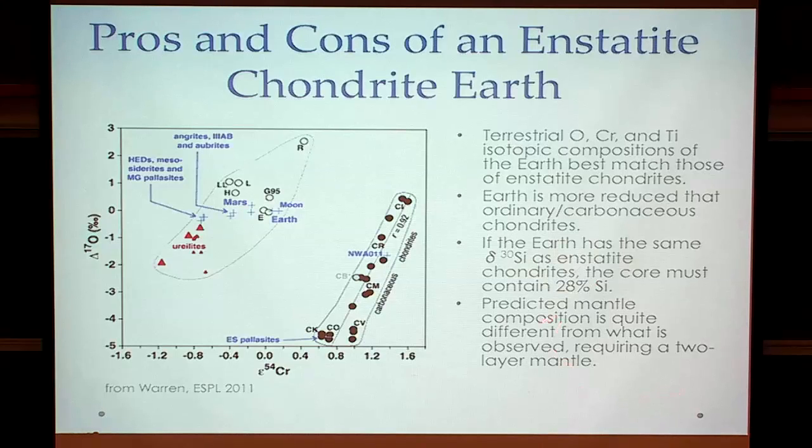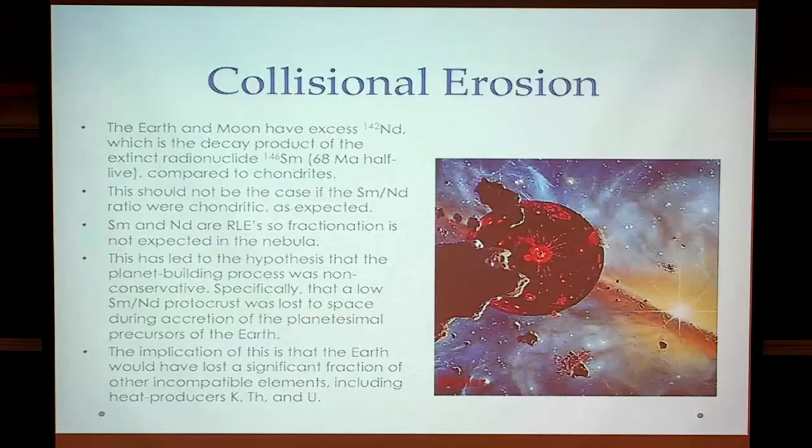Also, its predicted mantle composition is really quite different from what we observe in peridotite xenolith suites. This requires a layered mantle, or at least parts of the deep mantle that are very different in composition from the upper mantle.